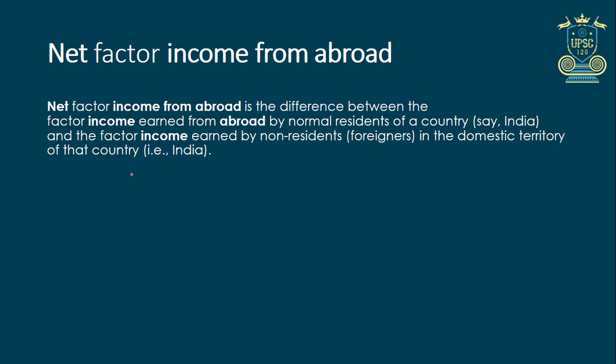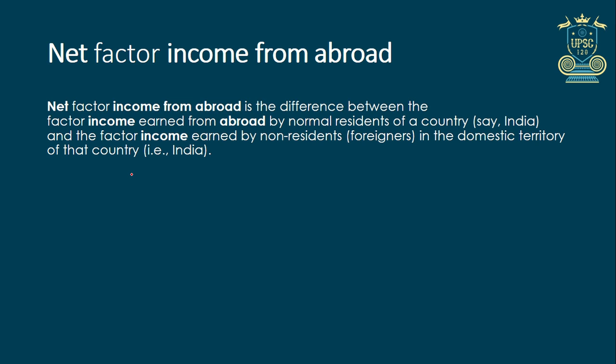So likewise, I told in GDP that there would be some foreigners working in India, or foreign people doing business in India. Now the value of the goods and services those foreigners are creating in India cannot be accounted in the calculation of GNP, gross national income.